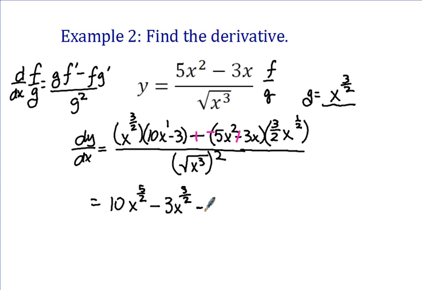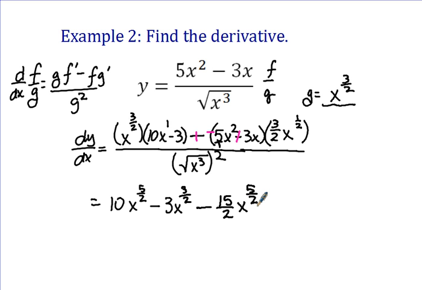So I'm going to have minus 3 halves times 5, which would be 15 halves. Think of it as 5 over 1. Multiply your numerators, multiply your denominators. 3 halves times 5 is 15 halves, x. And then remember we're adding exponents. 2 plus 1 half would be 5 halves.